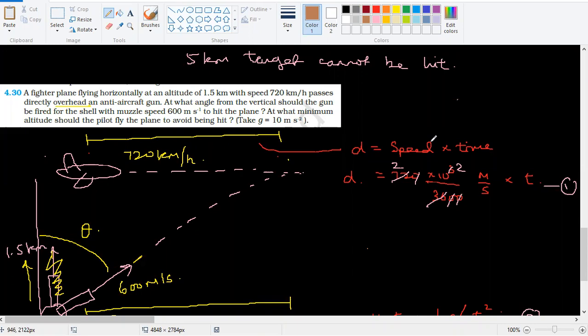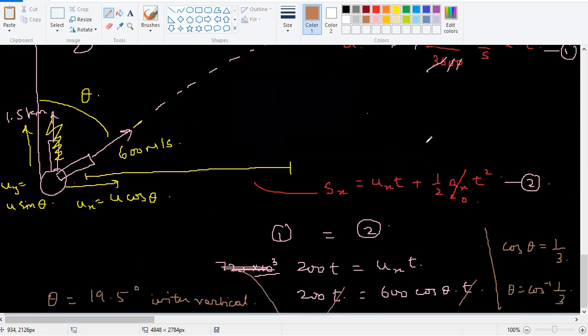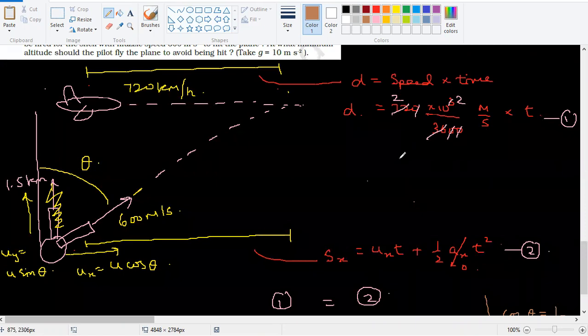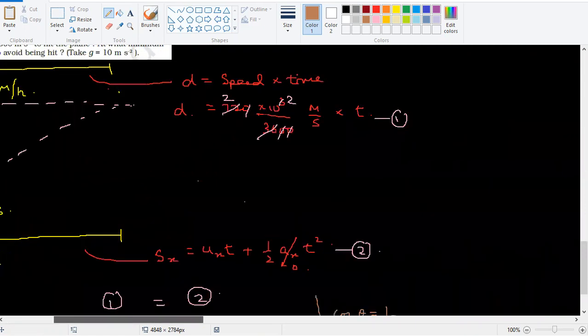So that means the anti-aircraft missile is something like this.